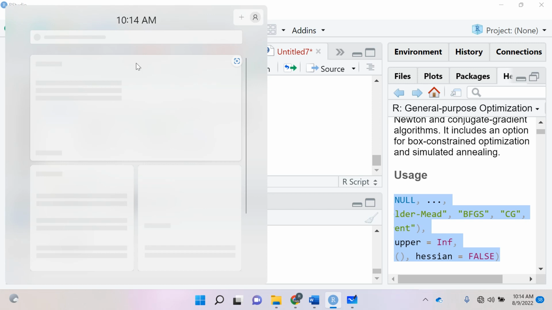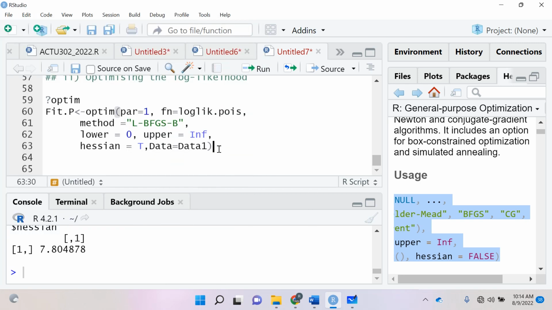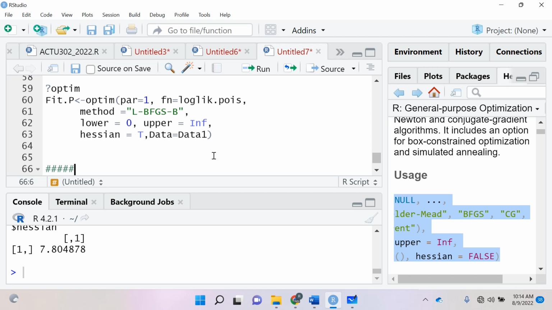Okay, so let's see, second example, normal distribution.